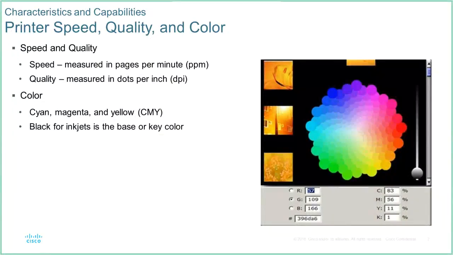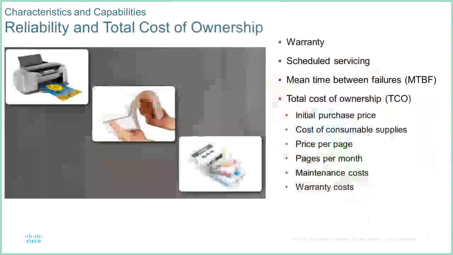Now, when we're looking at color, we basically have cyan, magenta and yellow to make up the colors, and then lasers also run black, same with the inkjets' specific color as well. Now, if it's a black and white printer, it will do grayscaling for tonal changes for the various colors, of which I'm sure you're all familiar with now.